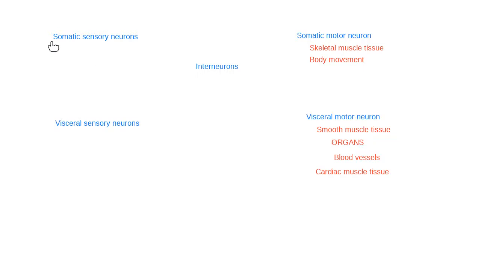If we go back to our sensory neurons, these sensory neurons, regardless of whether visceral or somatic, are still always collecting information, but they collect different kinds of information.